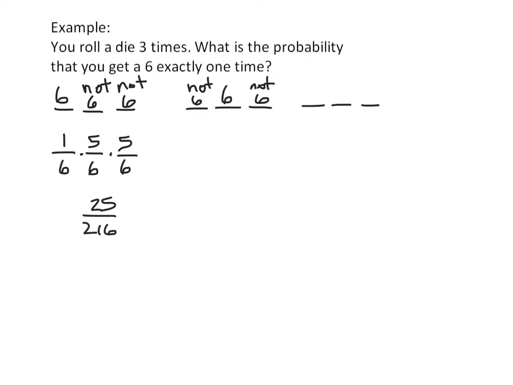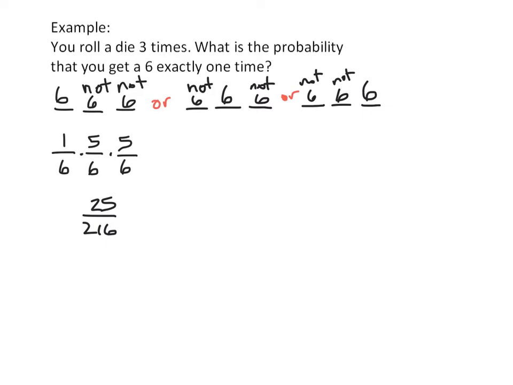It could also happen that I get the 6 the third time, and then not a 6 and not a 6 the first 2 rolls. So what I'm saying here is that we could get a 6 1 time this way, or this way, or this way.